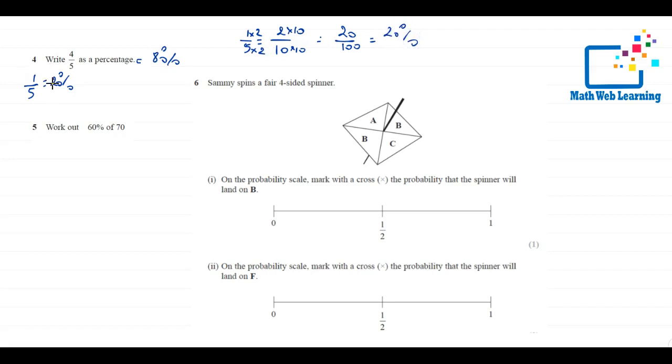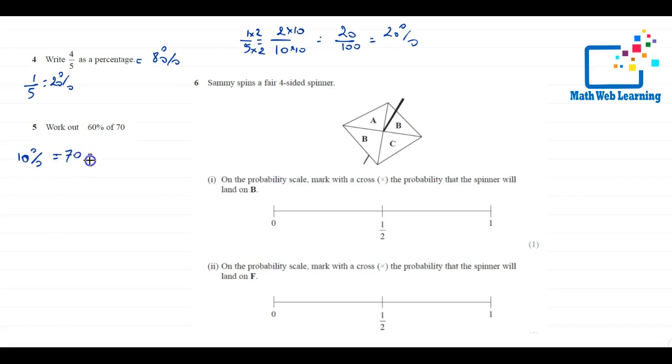And that's what we had here. So 1/5 is 20%, 4/5 would be 80%. Question number 5, what is 60% of 70? This is a non-calculator, so you need to firstly calculate 10% of 70. What's 10% of 70?